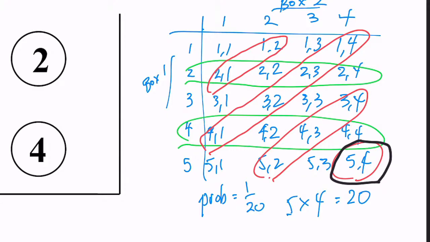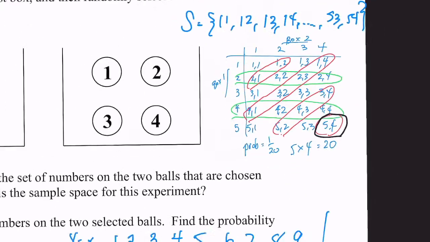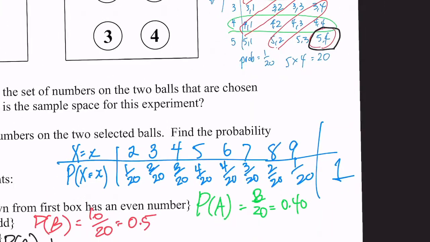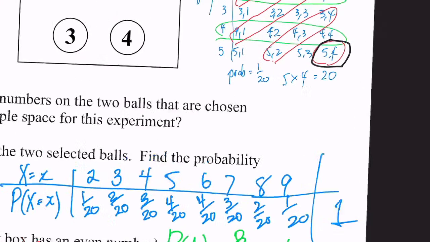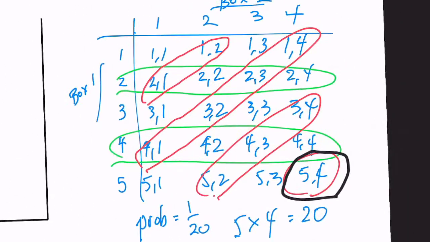So imagine that you're remembering the probabilities. What was the probability of A? That's the green, right? It was 8 out of 20. It was 40%. A's probability was 40% and B's probability is 50%. Half of the time, the sum is odd.